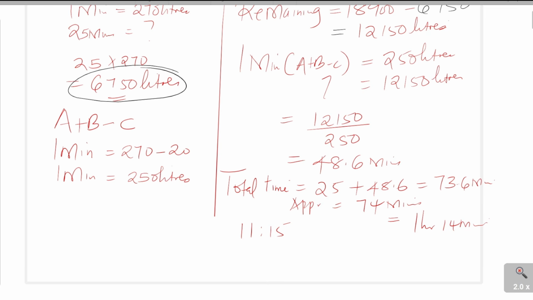So to get the time the tank was filled, we take 11:15 and add 1 hour and 14 minutes. This will give 12:29 p.m. That was the exact time the tank was filled.